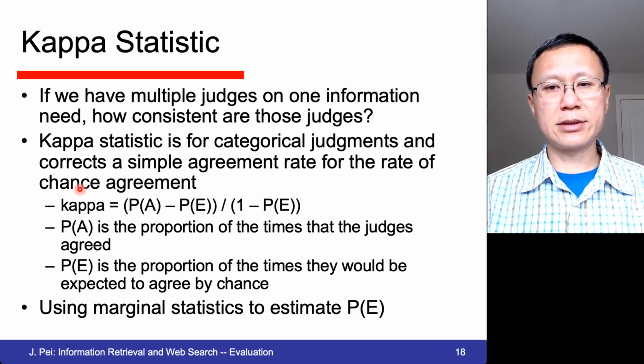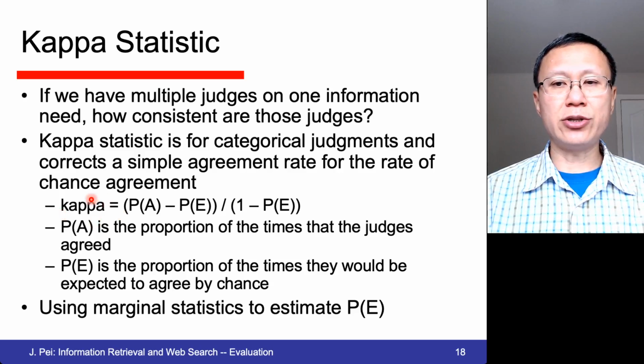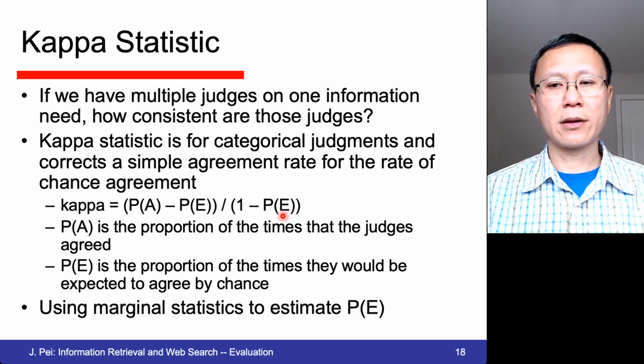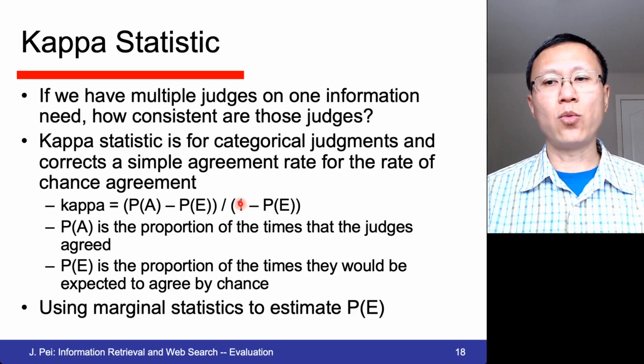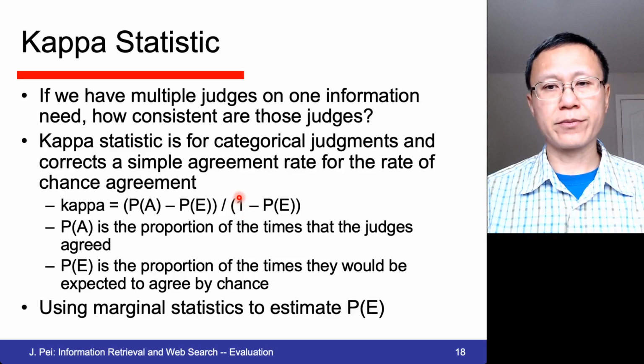Why Kappa Statistic? The intuition is very simple. In the perfect case, the judges agree with each other all the time. So this is 1. And this is the probability that the judges agree with each other by chance. So 1 minus PE is the best situation where the judges are agreeing with each other.